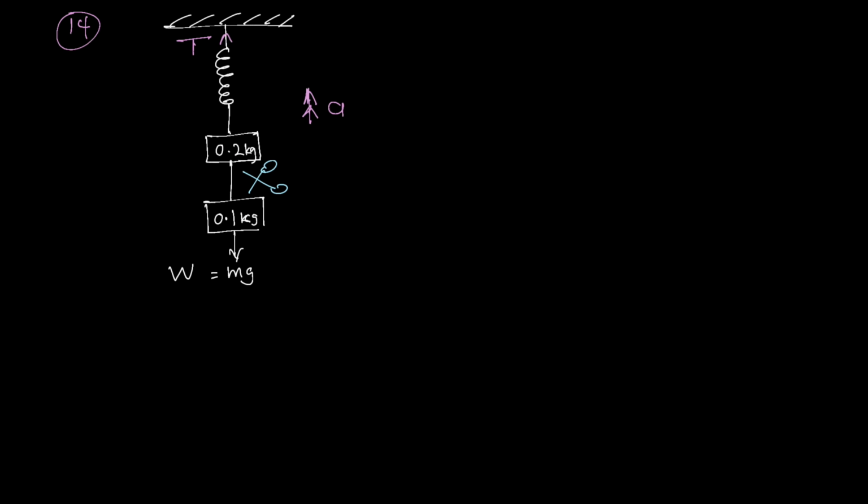Question 14. What is the upward acceleration of the 0.2 kilogram mass at the instant that the thread is cut? First of all, we need to establish the tension minus 0.2 times the gravitational field strength, because tension is a force minus the force due to that mass's weight. Hence, that equals mass times acceleration.